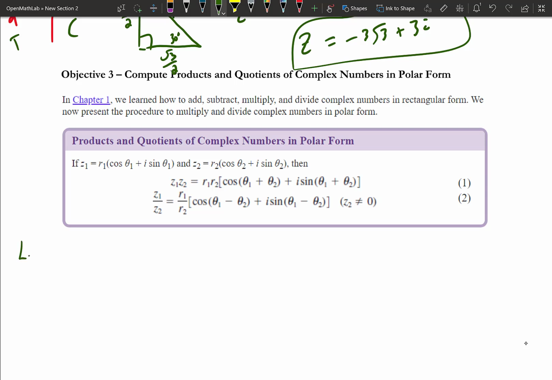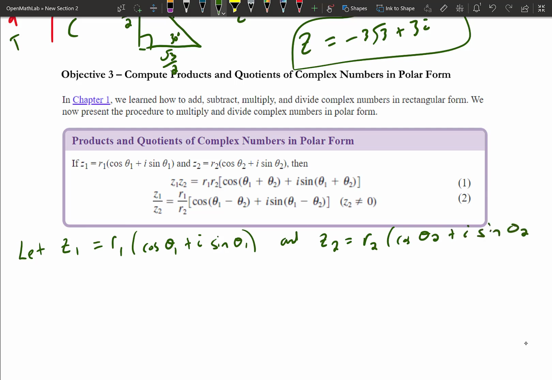So let's let z1 equal r1 times cosine theta 1 plus i sine of theta 1, and z2 equals r2 times cosine theta 2 plus i sine theta 2.